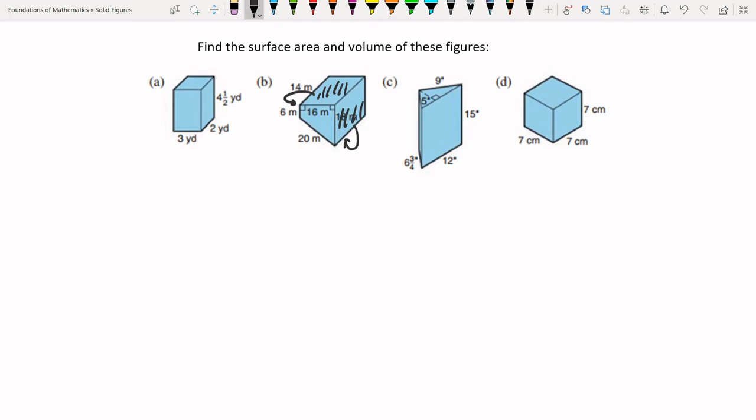So to find the surface area, we're going to calculate the area of all of the sides and add them up. So we have 2 trapezoidal sides, which are the exact same.